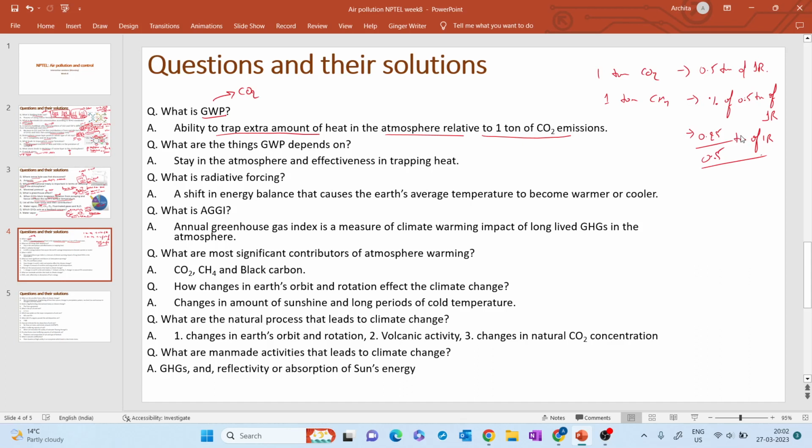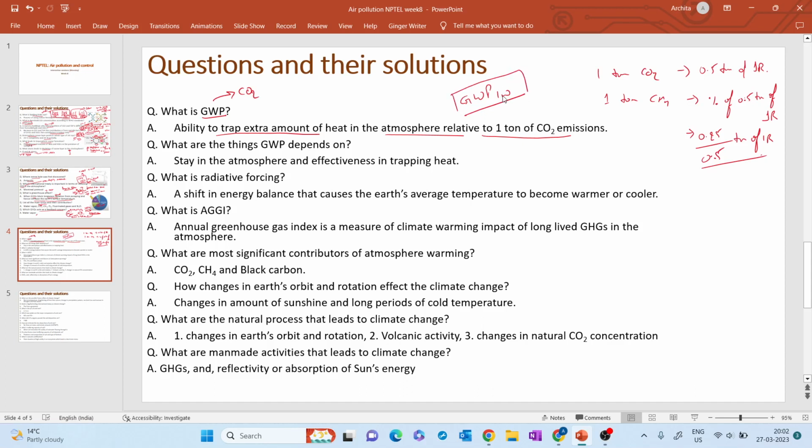It has a different equation, but the gist is how much heat a particular greenhouse gas will trap with respect to how much 1 ton of CO2 can trap. It's always measured in terms of CO2. And that is why one term you would have seen is global warming potential 100, which is when global warming potential is measured for 100 years of emission.